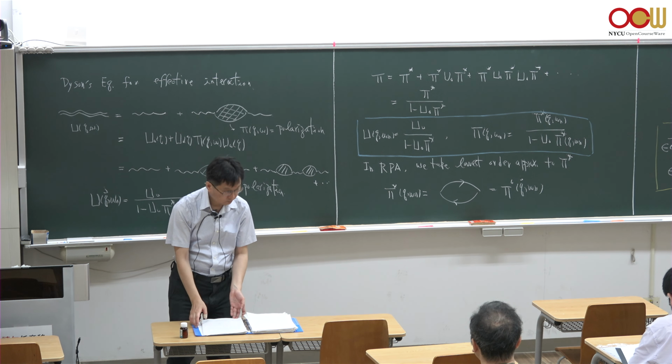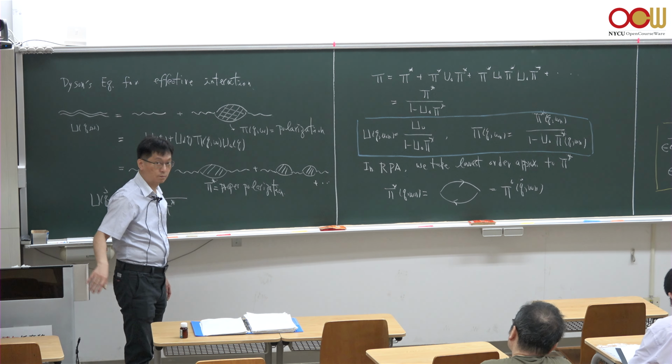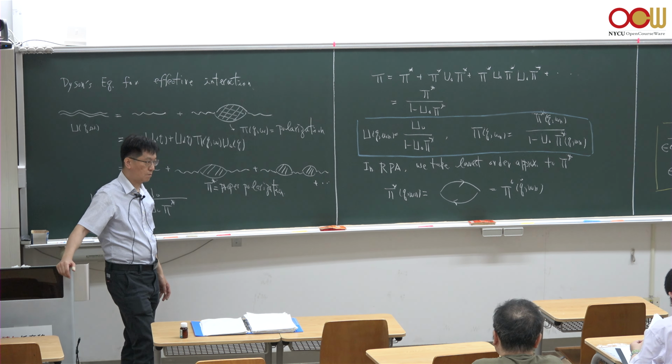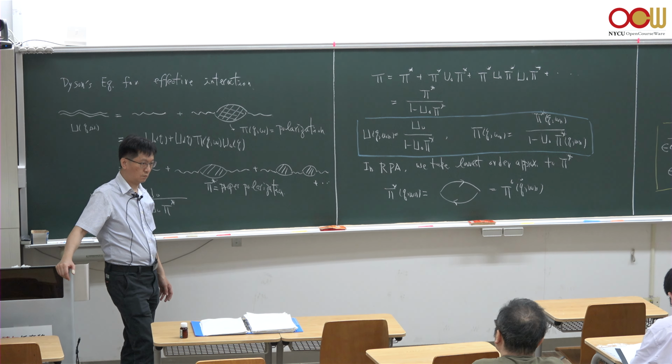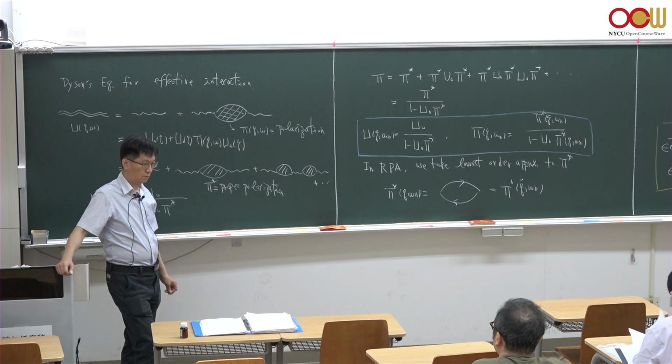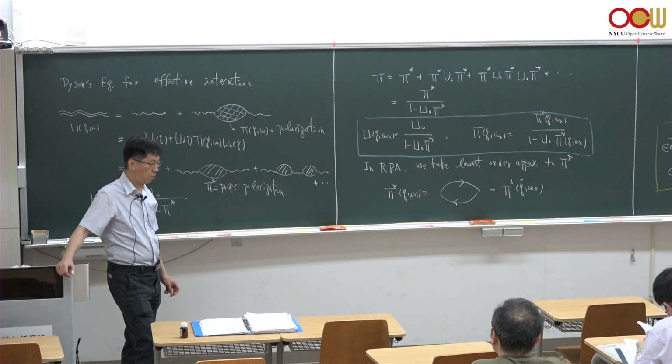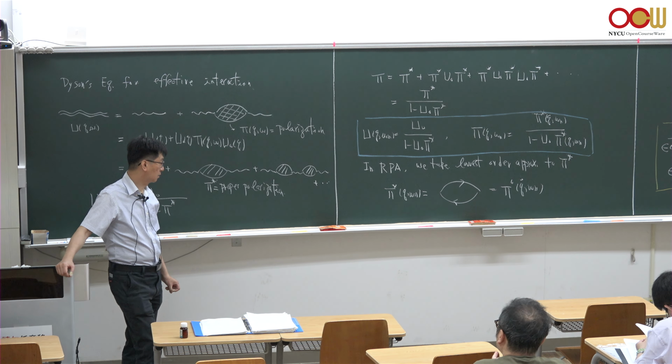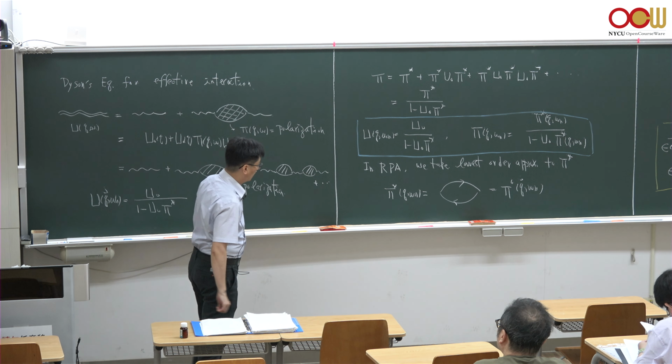And another question: in the RPA, can I say that this approximation is more suitable for systems that easily have an electron-hole pair? But how about a system that does not easily have an electron-hole pair? For example, for a molecule, we will not use electron-hole language. Is it always for a semiconductor, right?